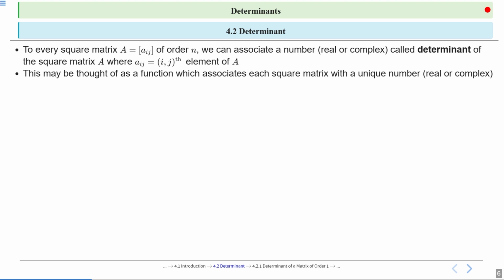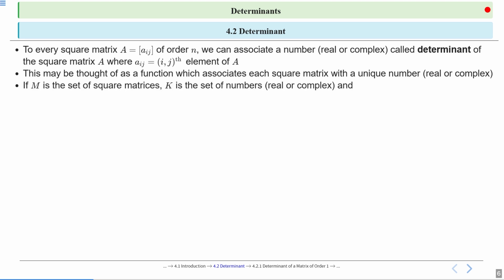So we can relate it as a function. We define a function from the set of all square matrices to the set of real and complex numbers. So each matrix we take is associated with a unique number that can be real or complex. So finding a determinant for a square matrix can be considered as a function.